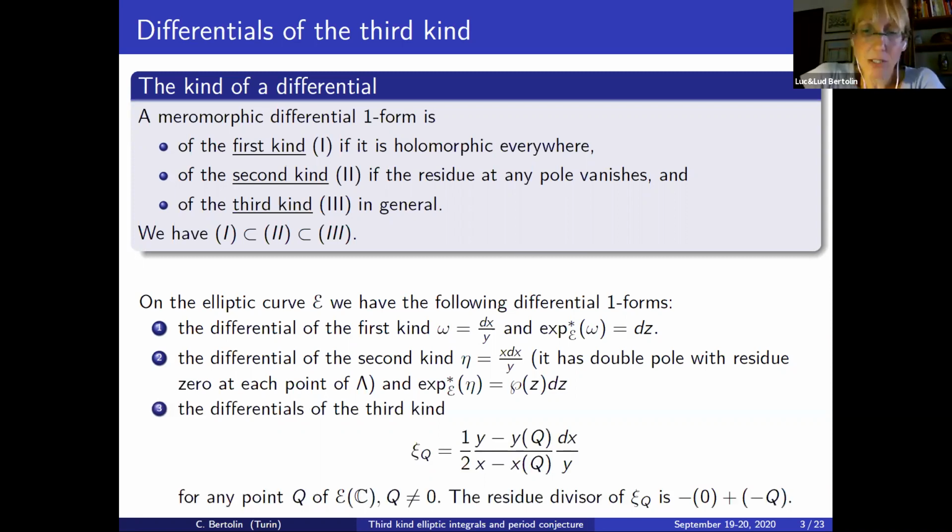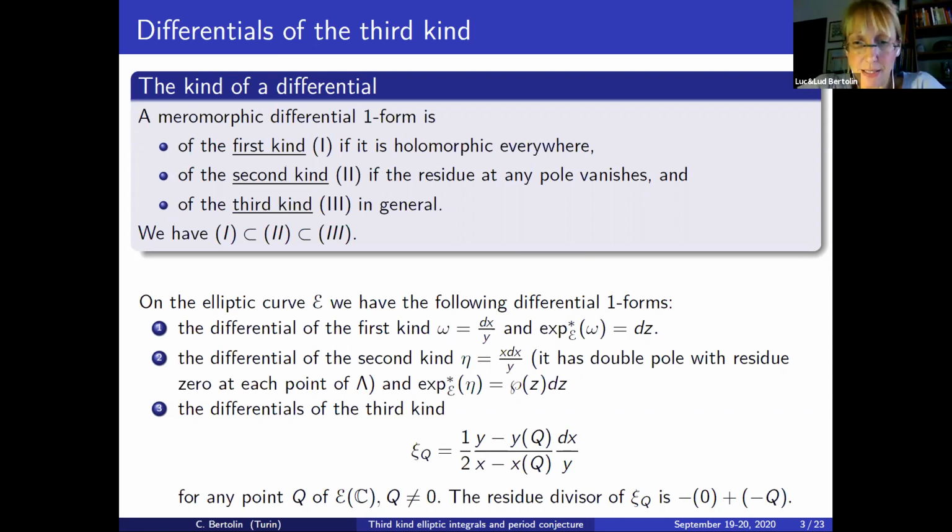The differential of the third kind that we write ω_Q is 1 over 2 times (y minus y of Q) over (x minus x of Q) dx over y, where Q is varying on the elliptic curve, a C-rational point on the elliptic curve different from 0 and also from any torsion point.